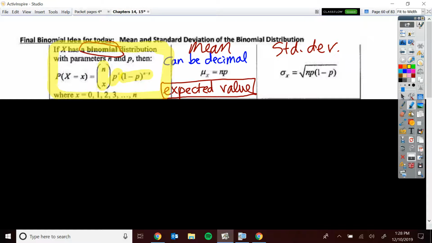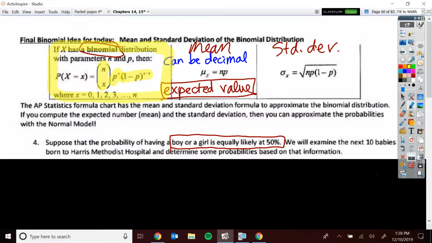All right, so let's go through this last process. The first question is referencing the babies in hospital. So we have 10 babies that are born at Harris Methodist Hospital. And so I want you to go ahead and go through the process of the probability. And so FYI, boys and girls are equally likely. So the probability in this case of a boy, we are told, is 50%.